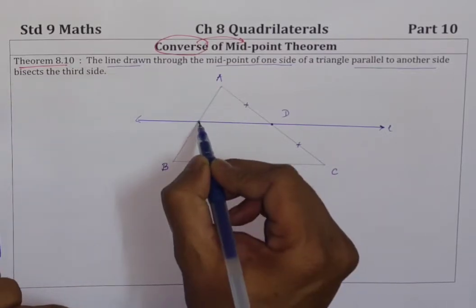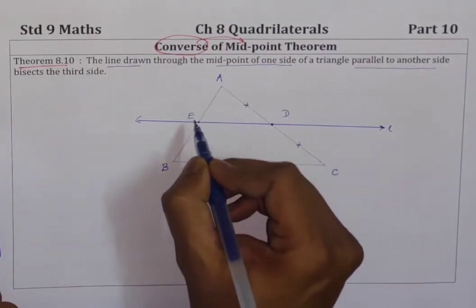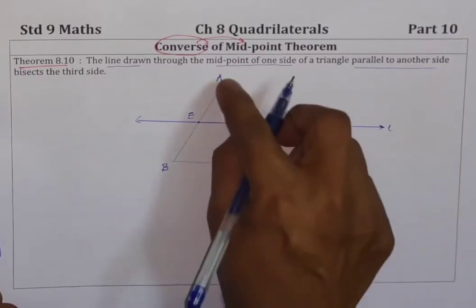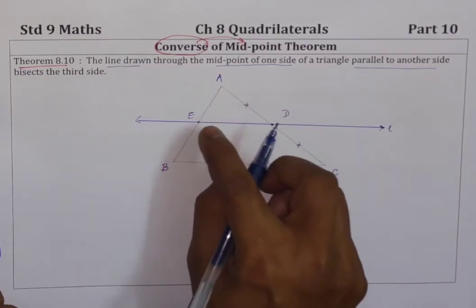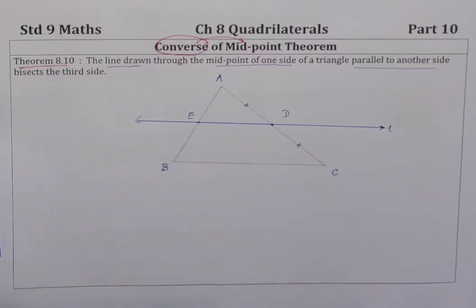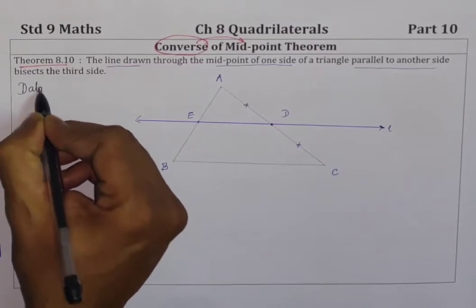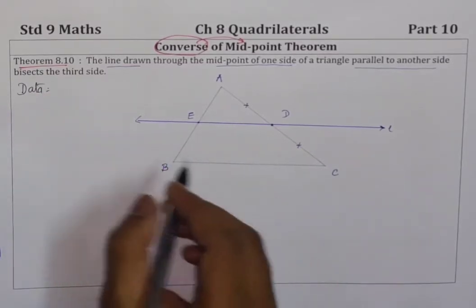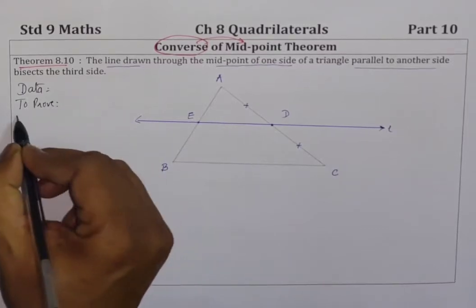You can see it intersects AB somewhere, let's say at point E. Now we have to prove that this line L bisects AB as well. That means AE equal to BE. In short, E is the midpoint of AB. That is what we are supposed to prove. Let me write the data first. The data and the 'to prove', I'm not writing, children.